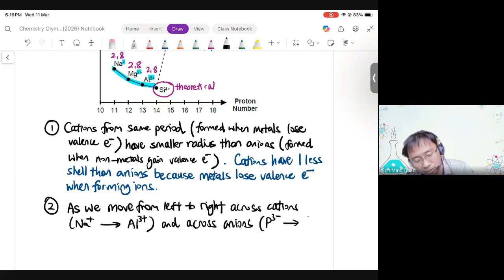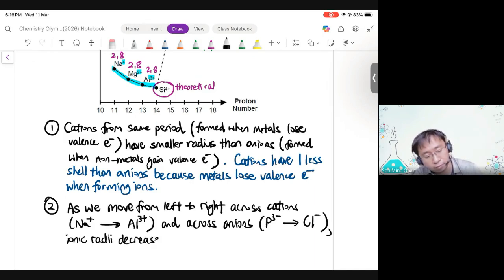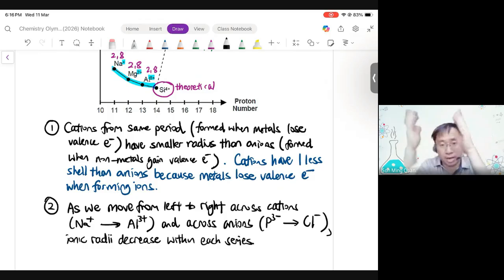P3- to Cl-. Do you realize the ionic radius, or radii, because it's plural, decrease within each series? There are two series here, right? Cation and anion. Within each series, the ionic radii decrease.